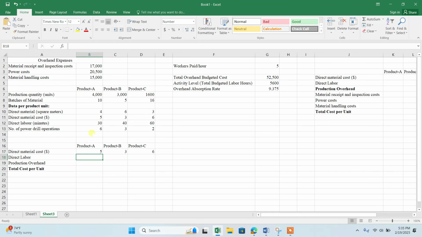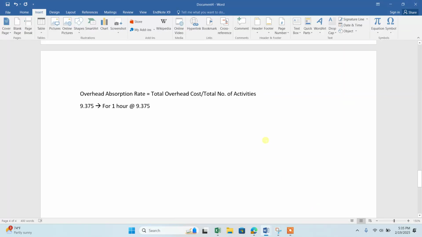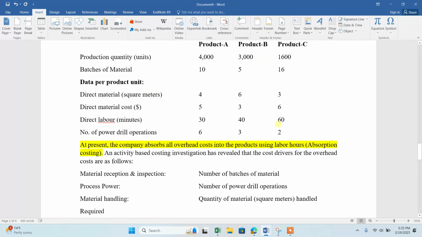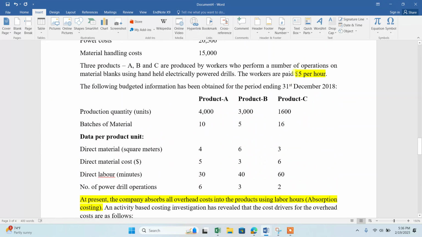The direct labor: how many hours are required to produce 1 unit of A? We need half an hour, which means 30 minutes. I'm converting this into hours. Why? Because we are paying the labor $5 per hour.